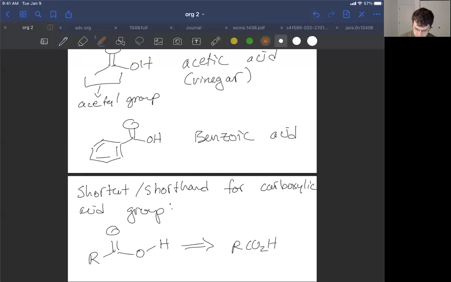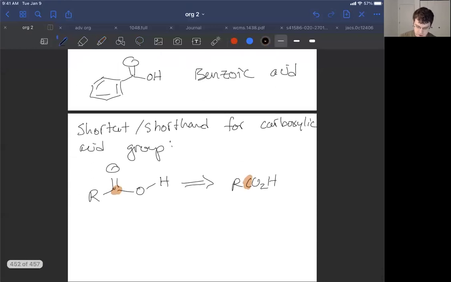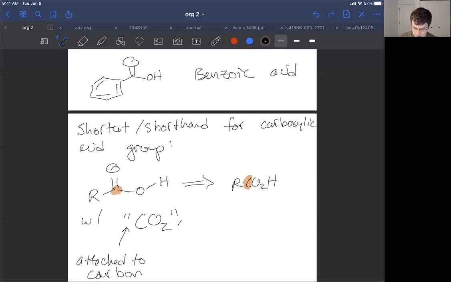So this is supposed to map onto this group. Where it gets confusing to people is the CO2. With CO2, the thing on the left is attached to carbon, and the thing on the right is attached to the oxygen as a single bond. So not the carbonyl oxygen, but the other oxygen.